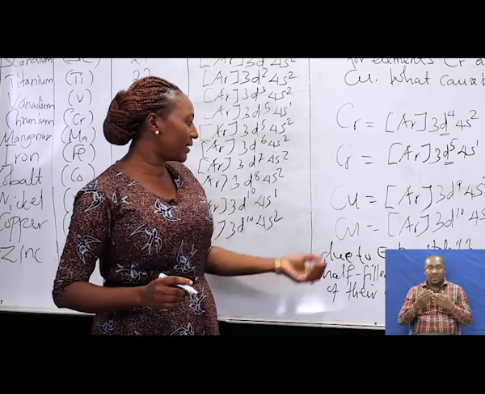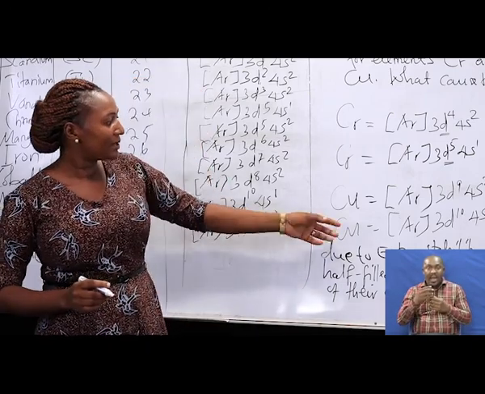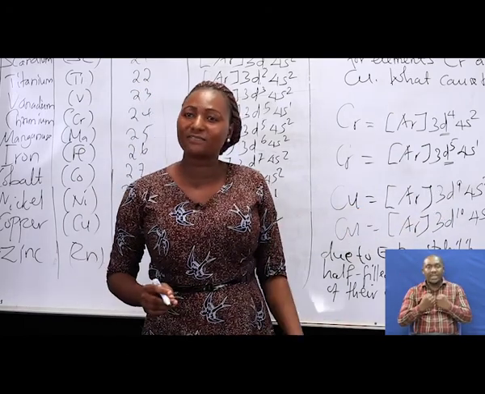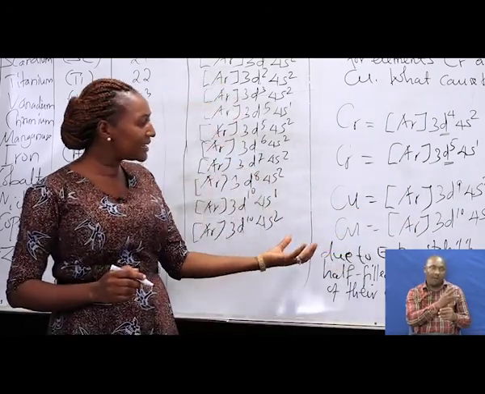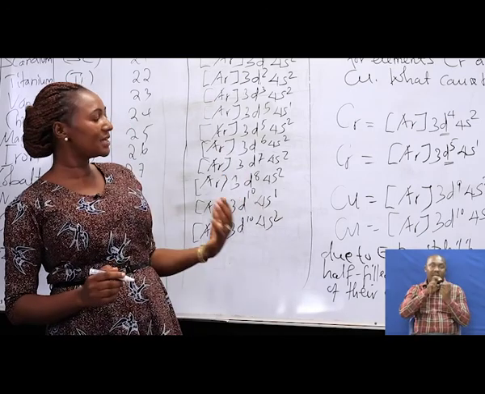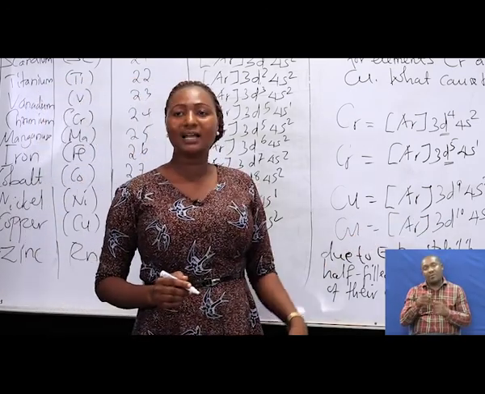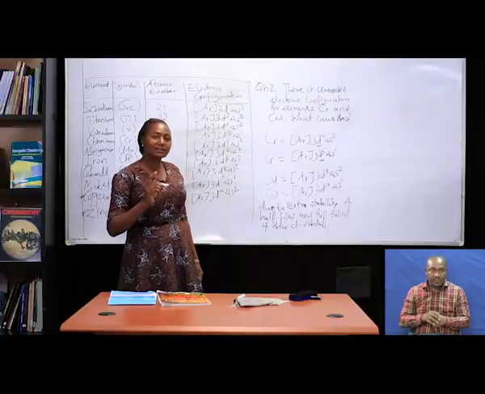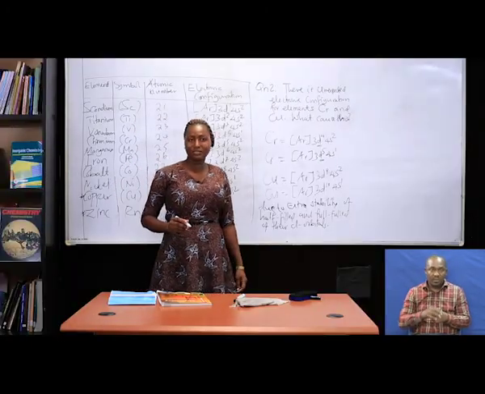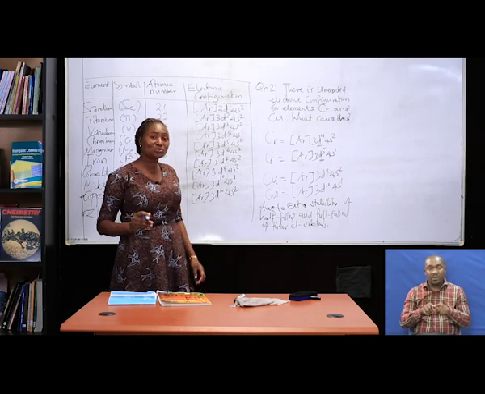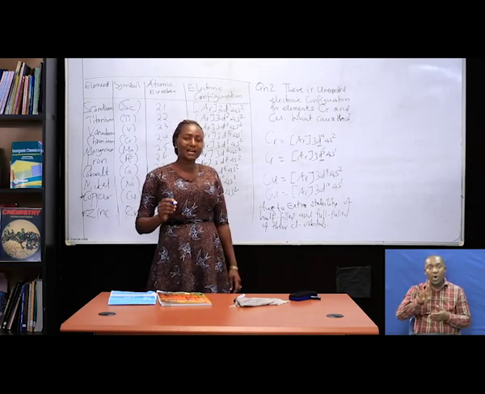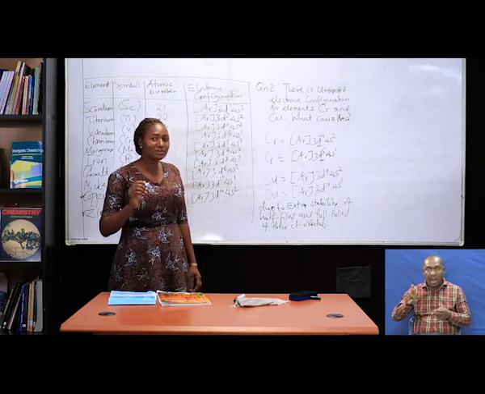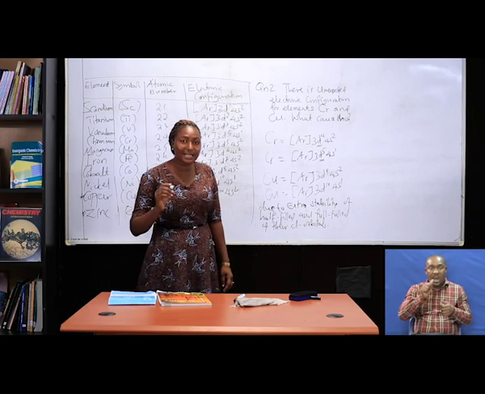When you come to copper, the expected is argon 3d9 4s2, and the unexpected one, according to this table, is 3d10 and 4s1. The reason behind this is the full-filled rule. For the d orbital to be stable, it must have 5 electrons or 10 electrons.